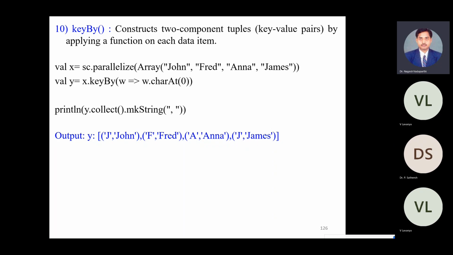So println y.collect.mkString. So the first character, 0th position, how many strings are there? w.charAt(0). Now the output variable y has J with John. Yes, the first letter J with John is there. Then F with Fred. So only one string is there. F with Fred. Then A with Anna and J with James. This is the output of keyBy.